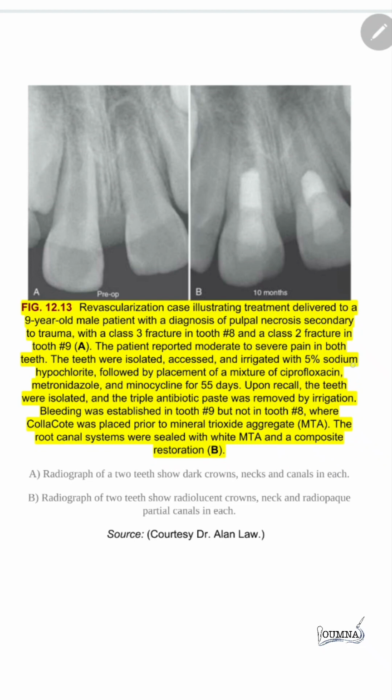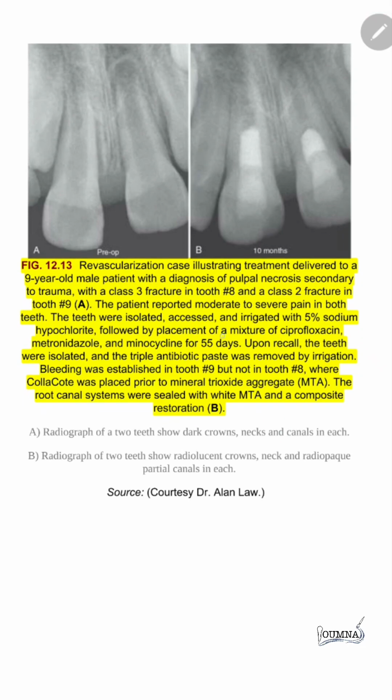And here we see that after the tooth was accessed, he used an irrigation of 5% sodium hypochlorite, which is considered concentrated. Then he used a mixture of the triple antibiotic paste for 55 days.